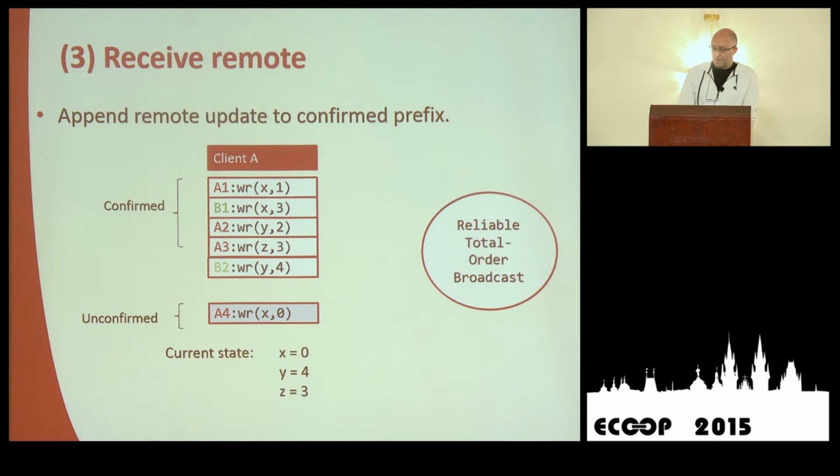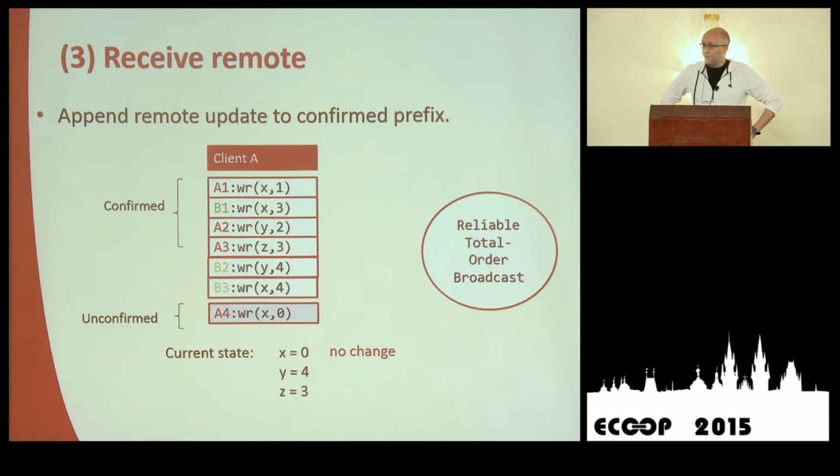Or maybe B wrote to X too. So let's see if that comes back. This is an important case. B wrote to the location X the value 4, but we keep X unchanged at 0. Here's why it's important to have a total order broadcast. Because we receive an echo first of the write to X by B, we know it occurred before we are going to do our write.